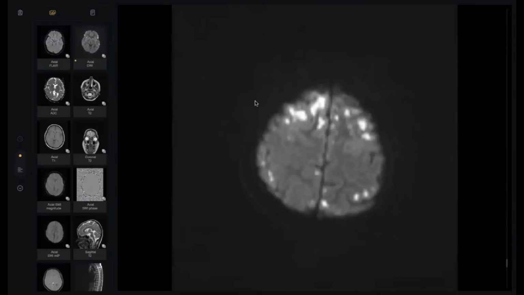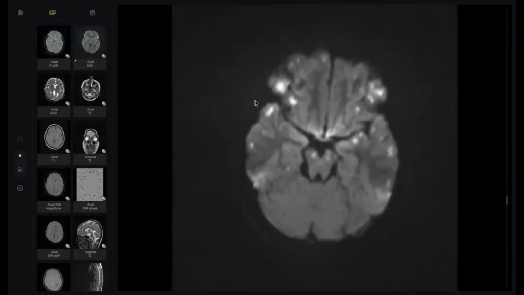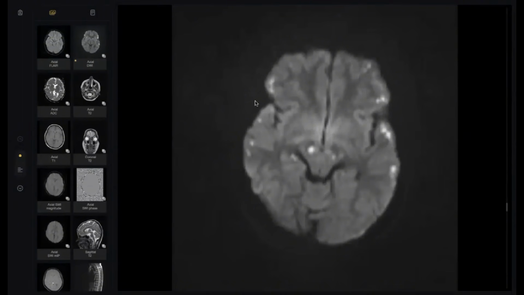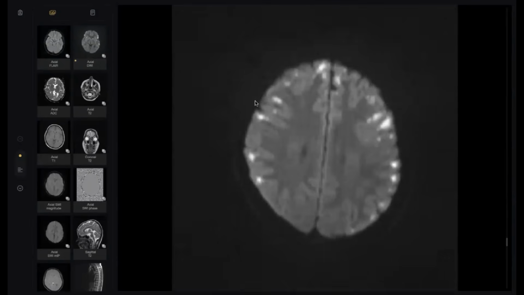It could be infarcts. Showering infarcts. What is the source? Infective endocarditis, atrial thrombus, shunt. But do you think that showering emboli will occur only in the gray-white matter junction?